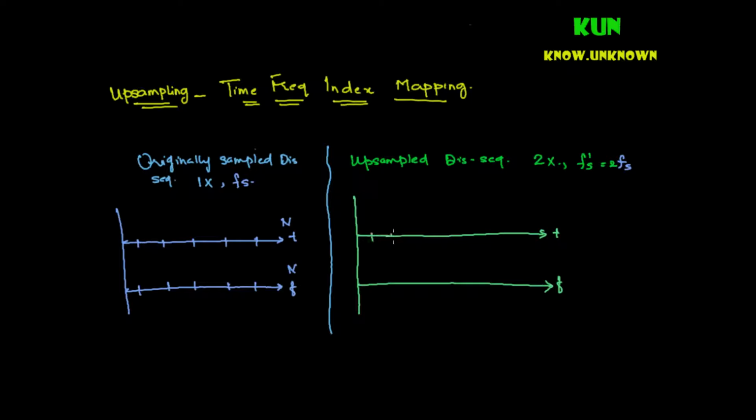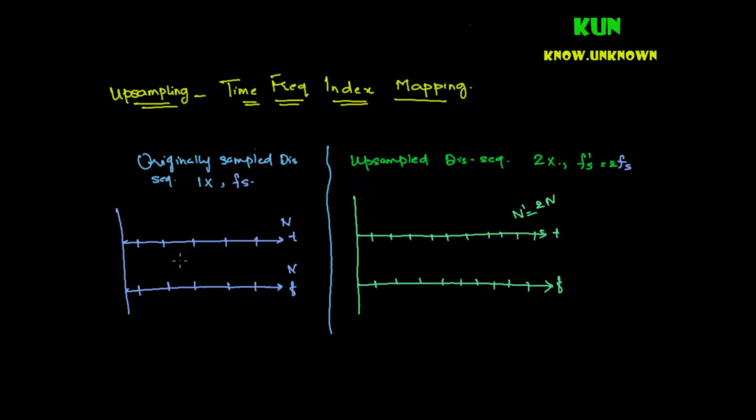The same thing I'm going to have in the frequency domain as well. So the number of points is now 2 times n, which we can call n dash. n dash is equal to 2 times n, and we already know that the sampling frequency f dash s is twice the originally sampled frequency, correct?